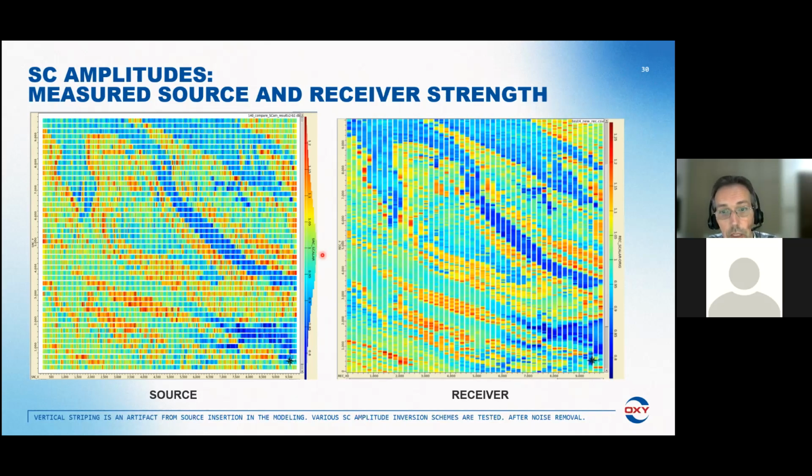So these really are scalar factors. So the green here is 1. Red is higher, blue is lower. Possibly these corrections are not as large as you would typically see in a real data processing project. Nevertheless, there are some variations there.